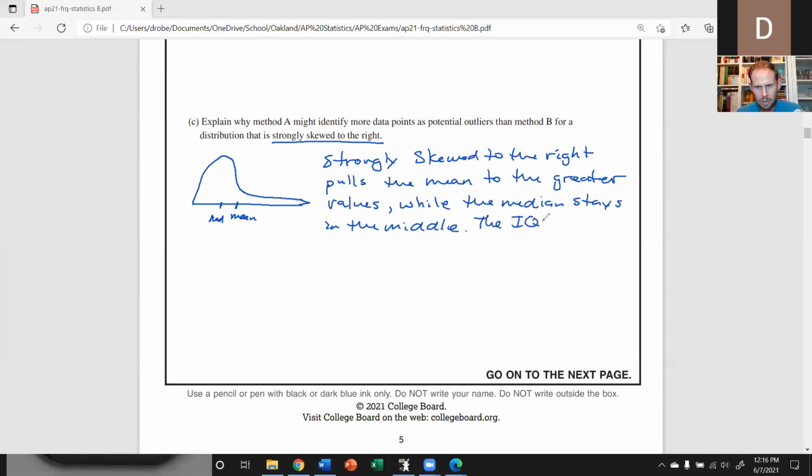The IQR will also not be affected by skew, but standard deviation will.